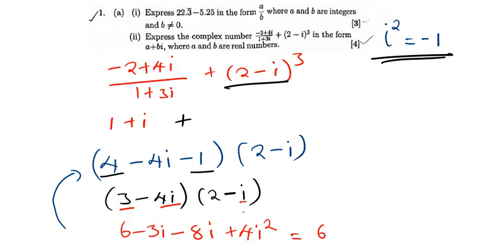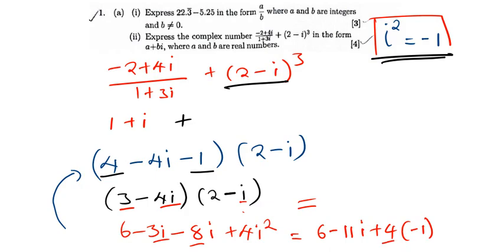And so this simplifies to 6, minus 3i minus 8i is minus 11i. And then plus 4i squared, which is going to be 4 times negative 1, because i squared, I did emphasize, is equal to negative 1. And so we have 6 minus 4, which gives us a 2 minus 11i.